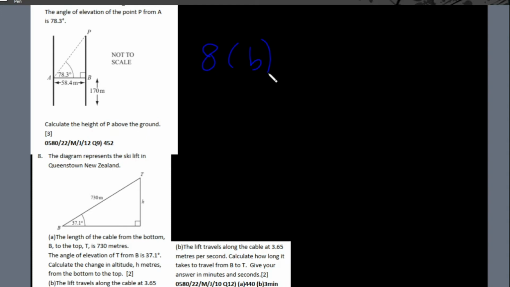So the speed given is 3.65 meters per second. Calculate how long it takes to travel from B to T. We need the time and we have the distance, which is 730 meters. Give your answer in minutes and seconds.